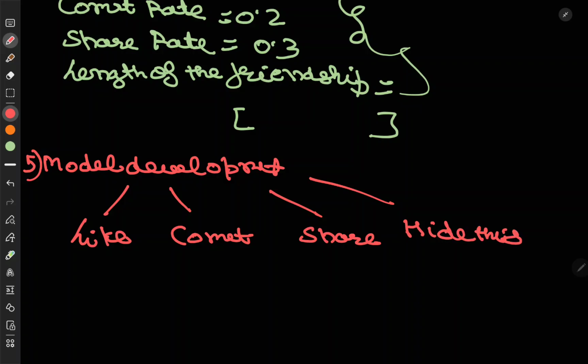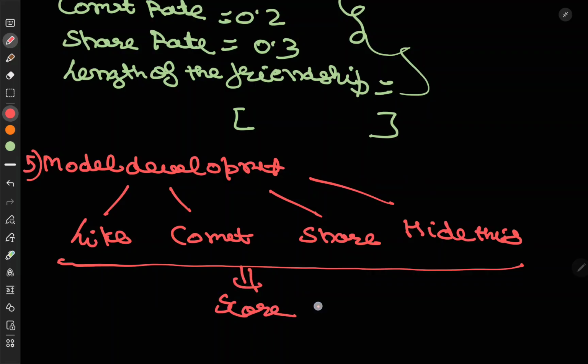Once we get this, we somehow get a score out of them. If the score is high, we show this post to the user. If the score is low, we are not going to show this post.